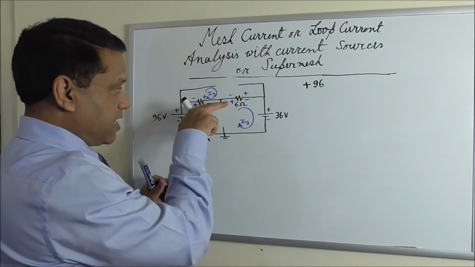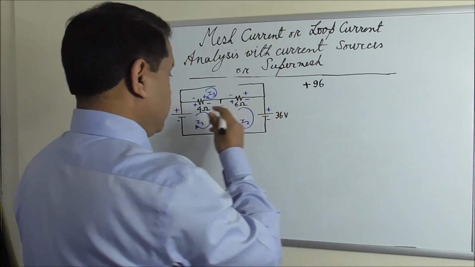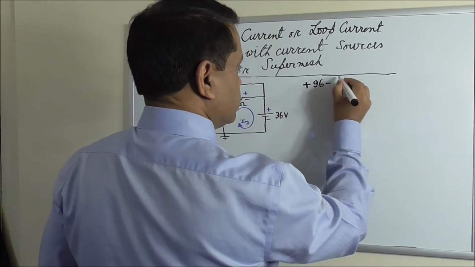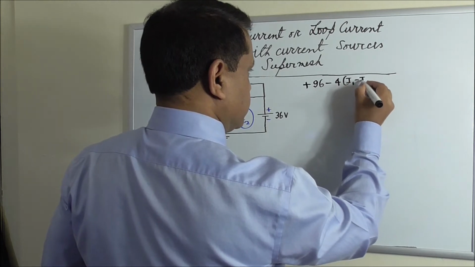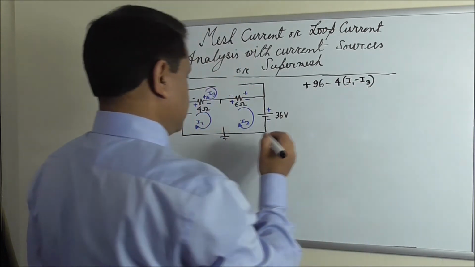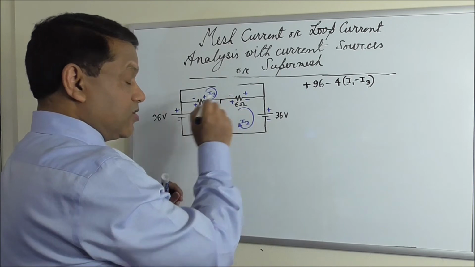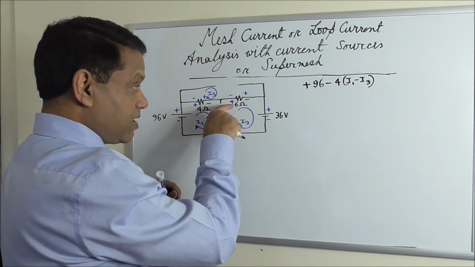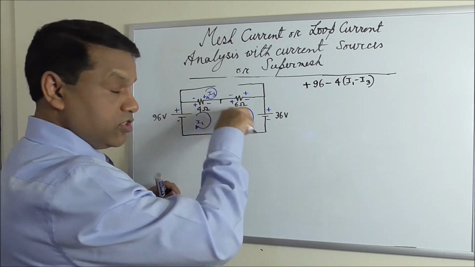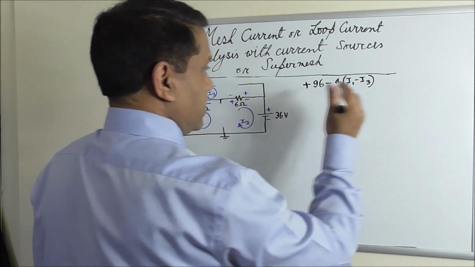That is, current here is I1 minus I3, and it is a drop, 4 times I1 minus I3. And what is the drop here? We again will assume this plus and this minus, because we are writing the equation in this loop. So minus 6.